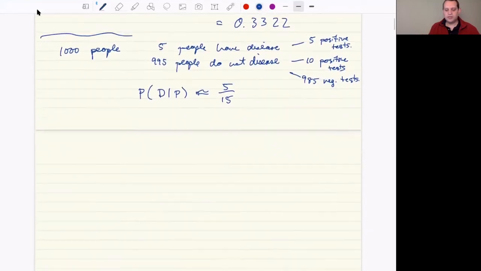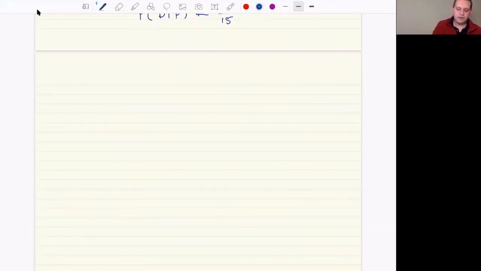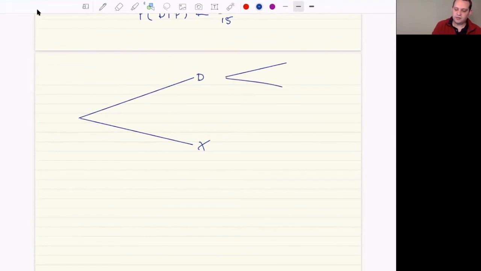So we're going to do the same tree diagram, and I use the same letters. So D is going to be that we have the disease, X is that we do not, and then given that we have the disease or that we don't, we can test positive or negative. And so now let's think about what's the probability that we have the disease.